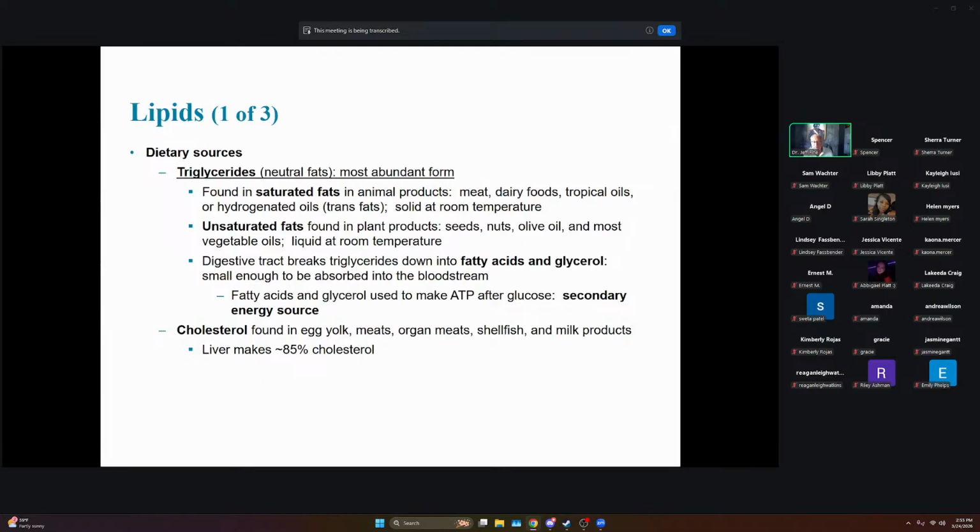Okay, triglycerides, the fats that we ingest in our food, are either saturated fats or they're the unsaturated fat variety. Okay, saturated fats are the quote unquote bad fats, even though, again, keep in mind what I've said multiple times now, everything in moderation. We do need fat in our diet, but to a limited extent.